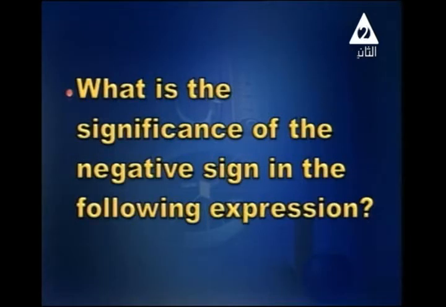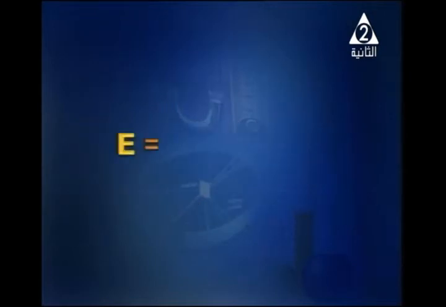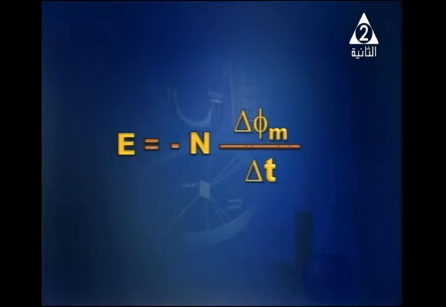We want you to mention the significance of the sign. EMF equals negative n, where n is the number of turns, delta phi magnetic over delta t. What about this negative sign? What does it refer to?